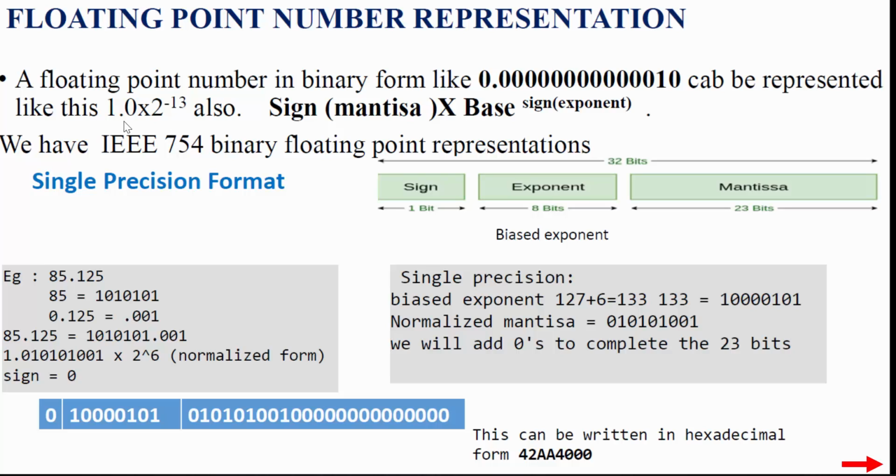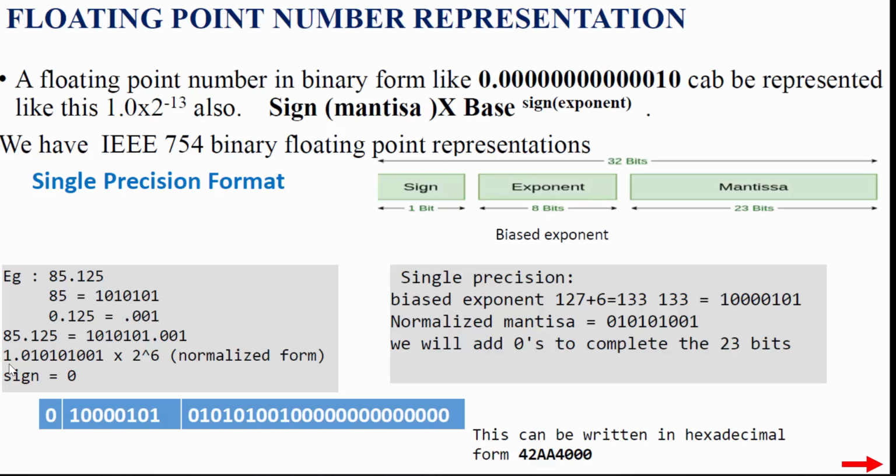Now this binary form we need to make into this particular form, that is 1 point fractional part into 2 to the power exponent form. To make the whole part a single one, in which direction do we need to shift this decimal point? Here in this example, we need to shift towards the left. How many positions towards the left? 1, 2, 3, 4, 5, 6.